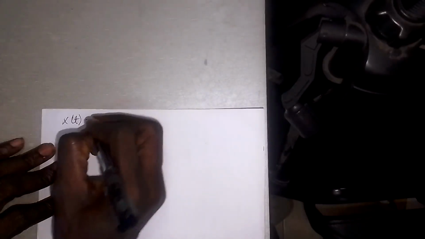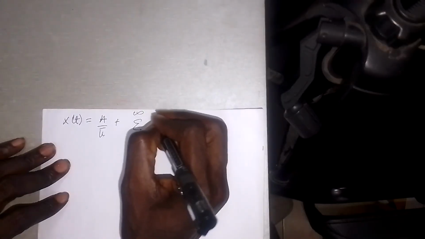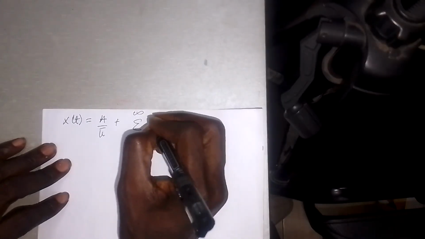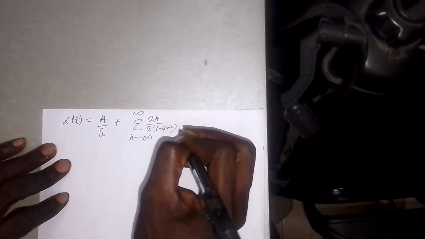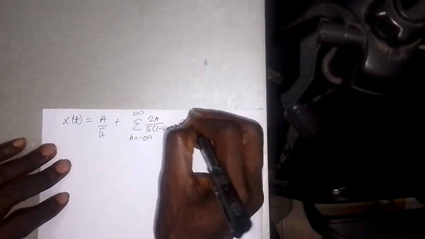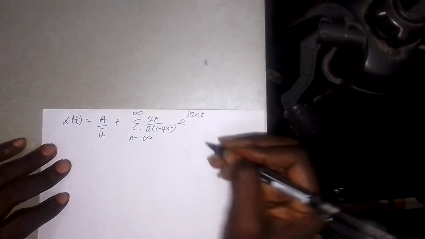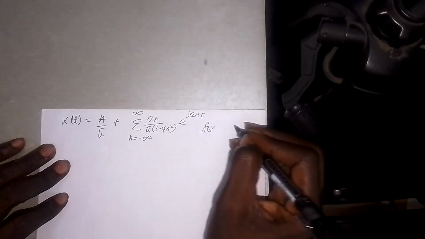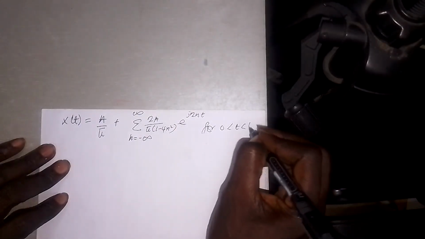Okay, so now let me just repeat the final equation here again. The final equation was such that x(t) is equal to A on pi plus the summation, n equals minus infinity to infinity, of 2A on pi times 1 minus 4n squared, into e to the j2nt. So for the period, which is 0 to T, that is pi.